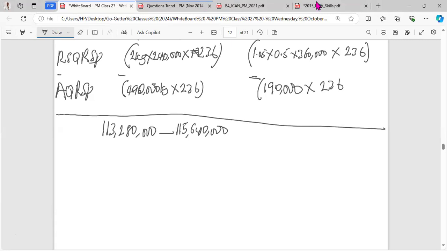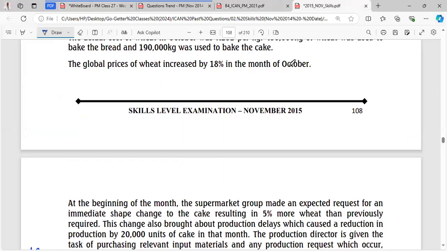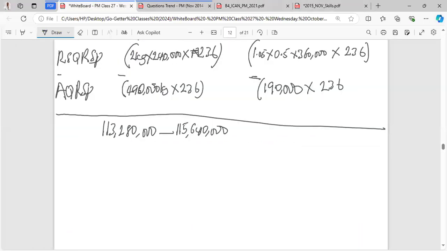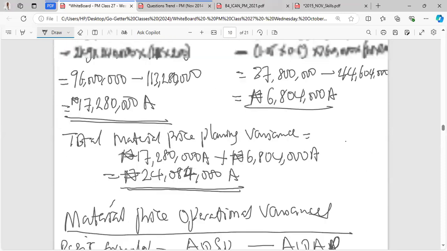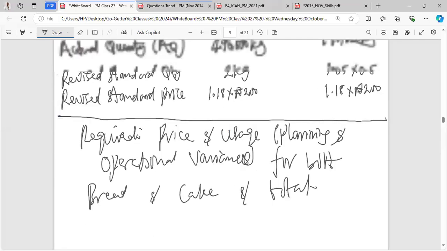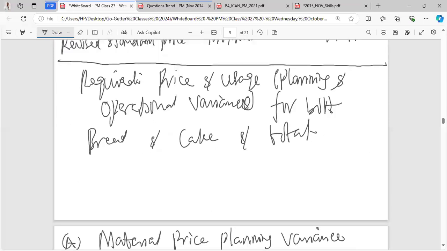Need to confirm if it is still 490. Don't know why I'm doubting myself. It's 190 here. 496. Let me check the first one I did. I used 496. Let me see if there's anything that calls for actual.